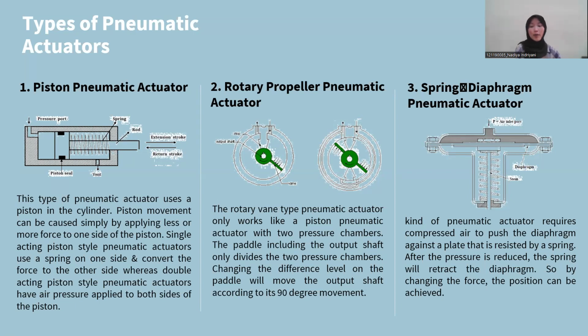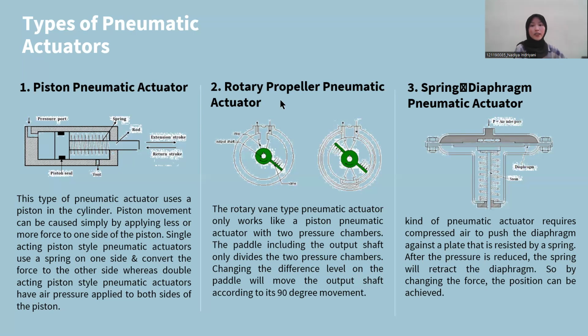This type of pneumatic actuator uses a piston in the cylinder. Piston movement can be achieved simply by applying less or more force to one side of the piston. Single-acting piston type pneumatic actuators use a spring on one side and convert the force on the other side. Whereas double-acting piston style pneumatic actuators have pressure applied to both sides of the piston.